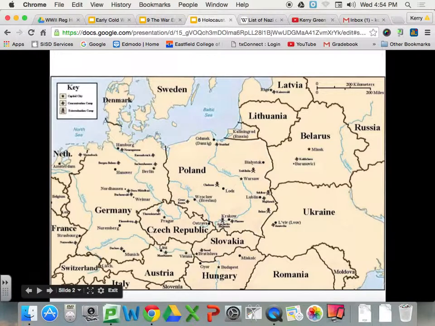This gives you an idea of the location of some of the camps. As the Americans come in, they liberate the camp over here by Nordhausen. The Soviets sweep in this way, and they are responsible for liberating many of the camps in Poland.